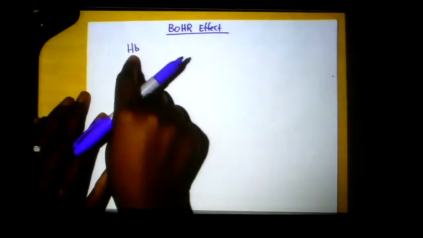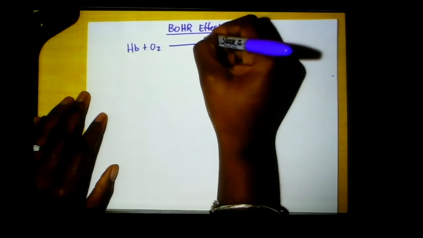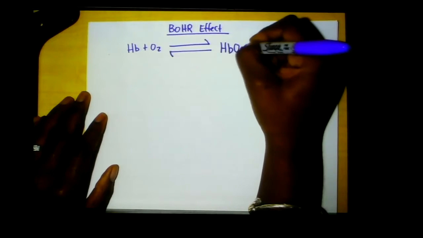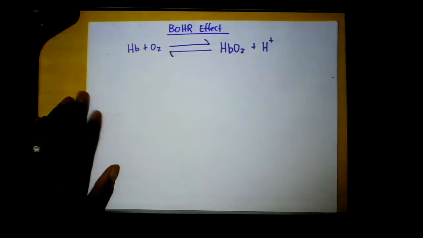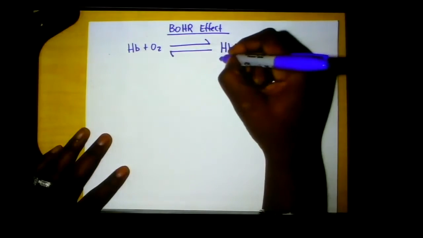So hemoglobin, deoxyhemoglobin plus oxygen can become oxyhemoglobin. And then we've also got some protons released. Okay, let's just label this out.